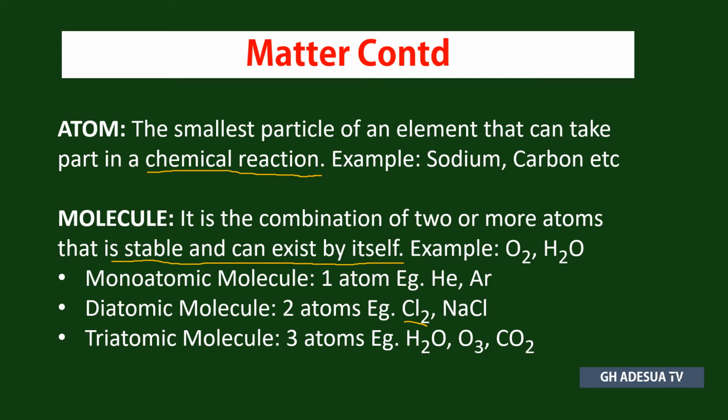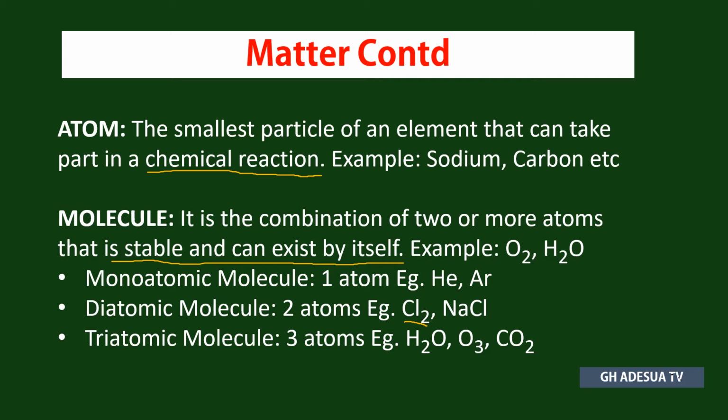Then triatomic molecule, 3 atoms coming together. Like I mentioned earlier, water is made up of 2 hydrogens and an oxygen. That makes it 3 atoms, triatomic. Now O3, and you should know O3. O3 is ozone, like the ozone layer. Ozone is made up of 3 oxygens, which form a triatomic molecule.